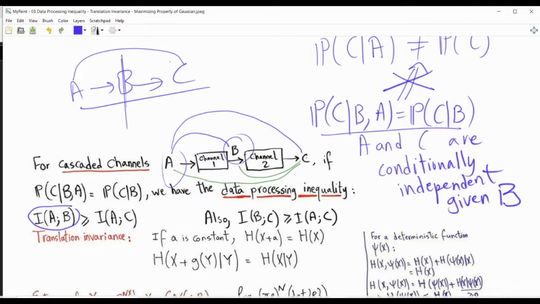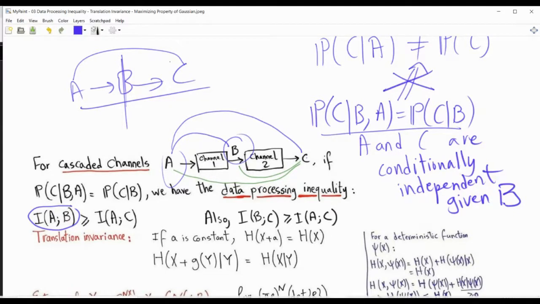Given B, that's actually a Markov process, a random process that is Markovian. If we imagine that the process is in time, for a Markov process, the future and the past are conditionally independent given the present.